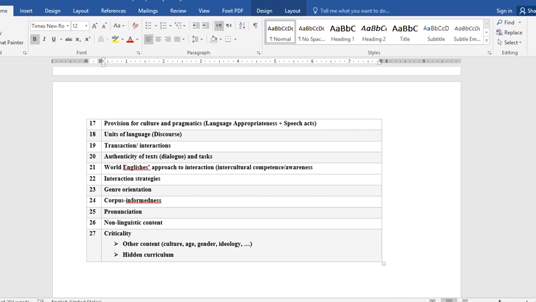So Halliday, or language as discourse, says that language should be considered in terms of its use, in terms of the purposes for which it is used, in terms of the functions it is used for, not in terms of the structure of sentences, in terms of grammatical rules.